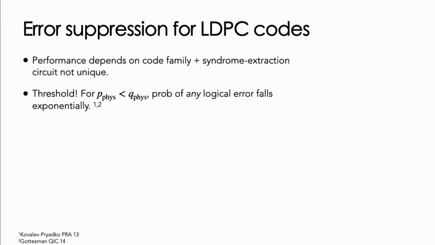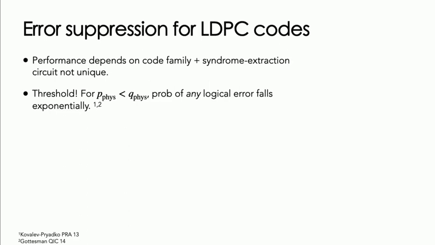So the name of the game here is to try and minimize the width of the circuit and the depth of the circuit while still maintaining the largest amount of error suppression possible. And this is going to be a function of the code. The performance of the syndrome extraction circuit, how much it costs versus how well it protects your information, depends on the specific code family we've chosen.